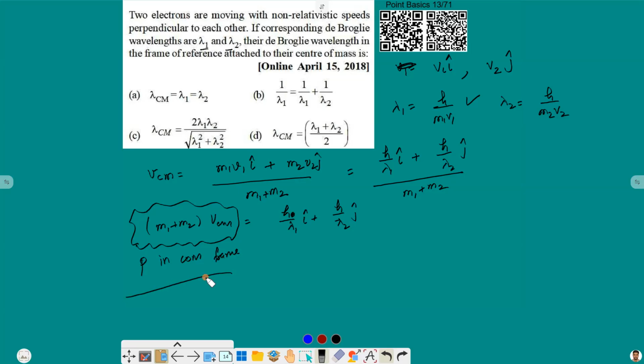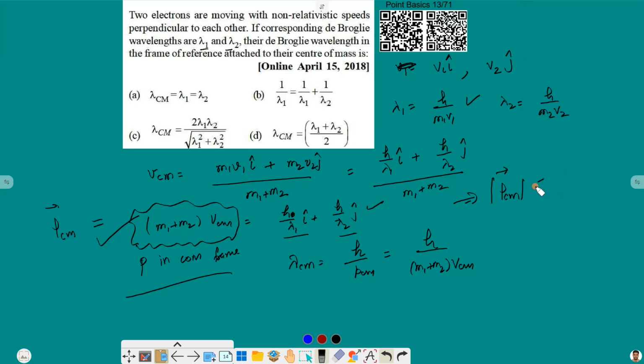So the wavelength in the center of mass frame, lambda cm, will be h divided by the momentum in the center of mass frame, and that is given by this relation. So this will be h by m1 plus m2 into vcm, and this term is equal to pcm. As we have vector form, we will take the magnitude of pcm.